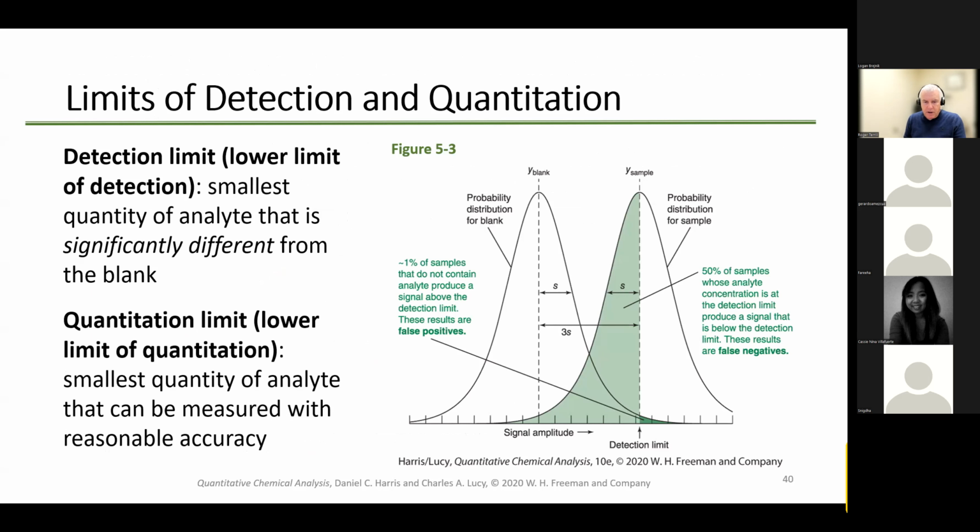There's a concept called limit of detection, right? It's a simple one to ask questions about, so that type of question can come up. It does come up in the homework, and let's talk about it briefly here. The detection limit is the lowest concentration that produces a signal that's significantly different than the blank, right?